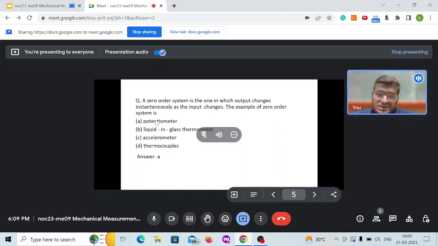So it will be instantaneous. It will vary instantaneously when you change the resistance. So this is the zero order system. The liquid in glass thermometer, thermocouples and accelerometers are first order systems, where you take time to respond to the input. It will not be a sudden response; it takes some time to reach an output value.